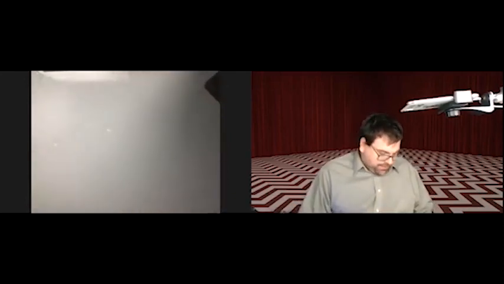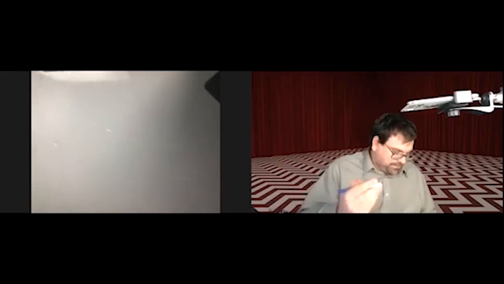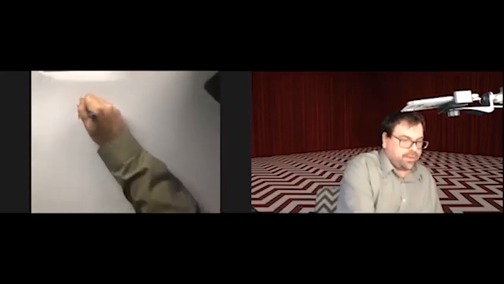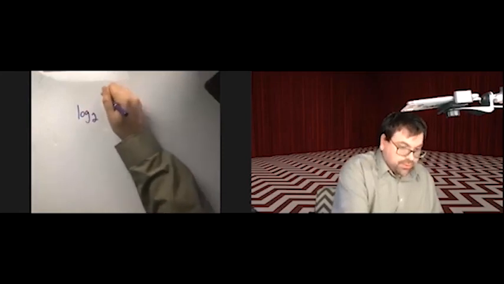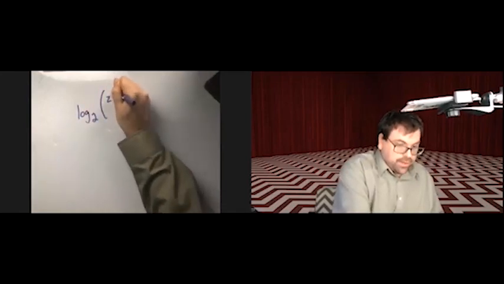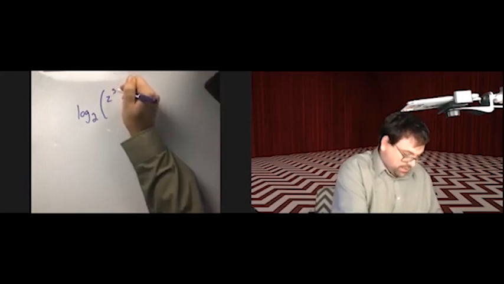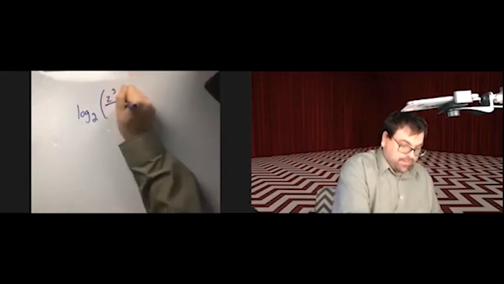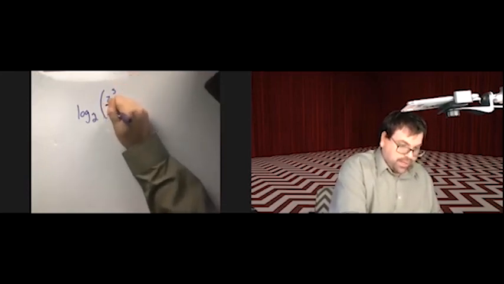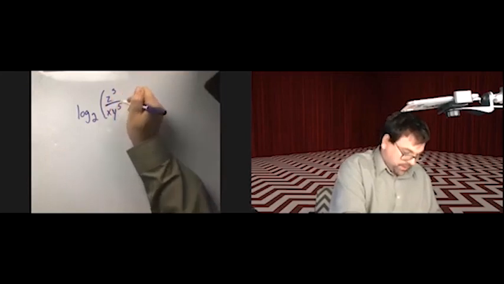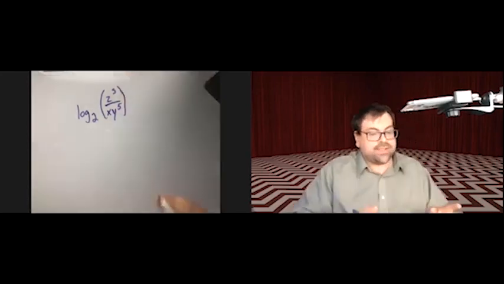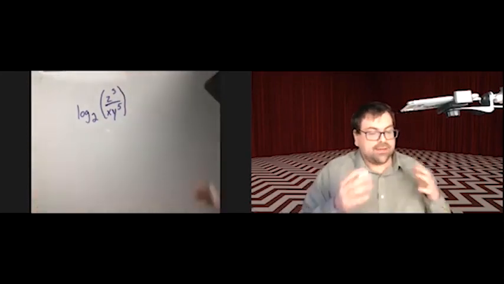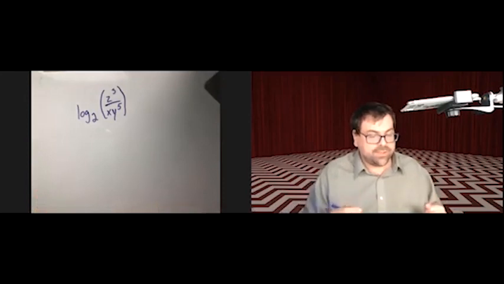Looking at an example, log base 2 of z cubed over x, y to the 5th. Let's write this as a sum or difference of logarithms.